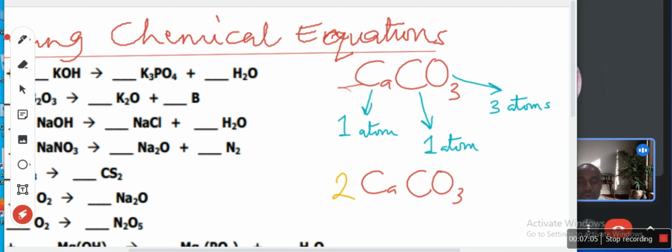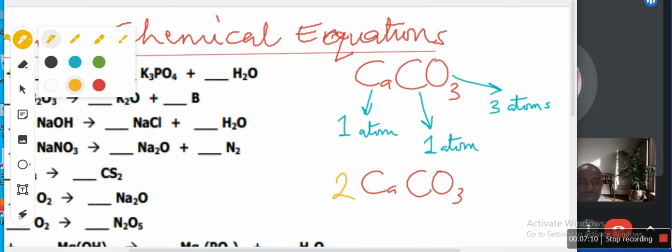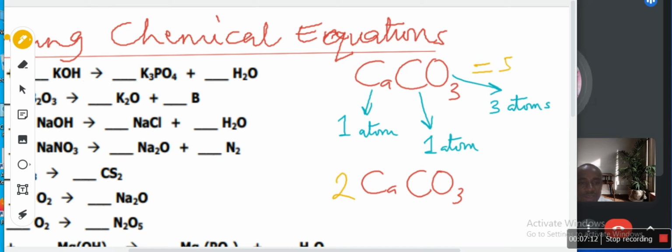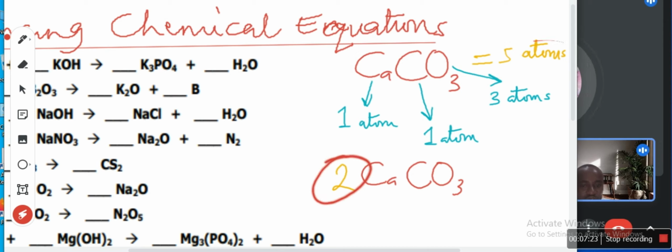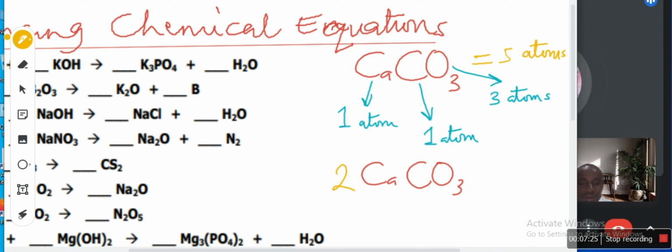This one is just 1 mole, with 5 atoms altogether. But now you have 2 of it. If 1 is 5 atoms, 2 of it will be how many atoms? 10 atoms.